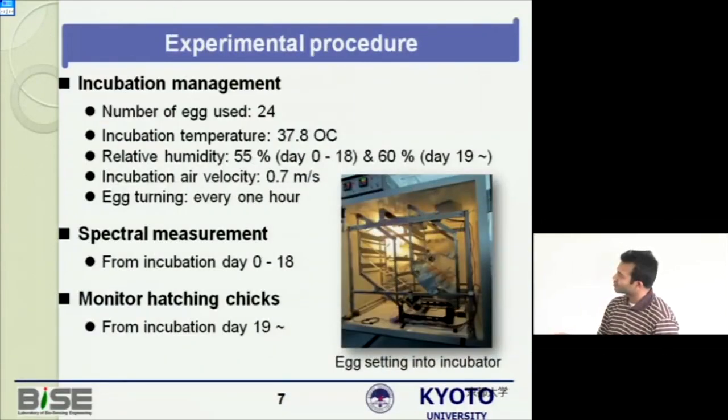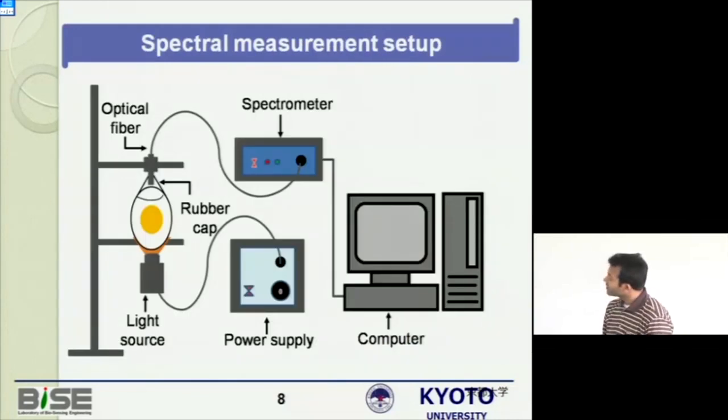This is the detailed procedure, and our experiment contains 3 different experiments. At first, incubation facilitates the development of the embryo, then spectral measurement, and finally from incubation day 19 we monitor and record the hatching time. And this is the spectral measurement setup.